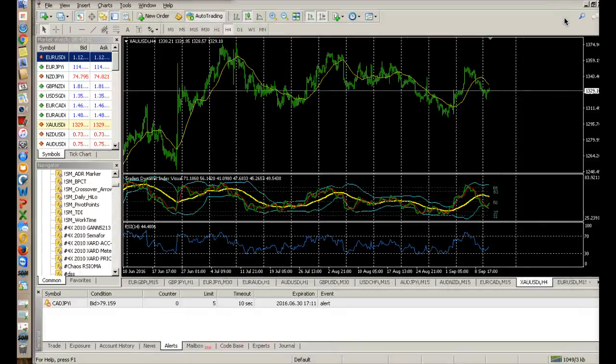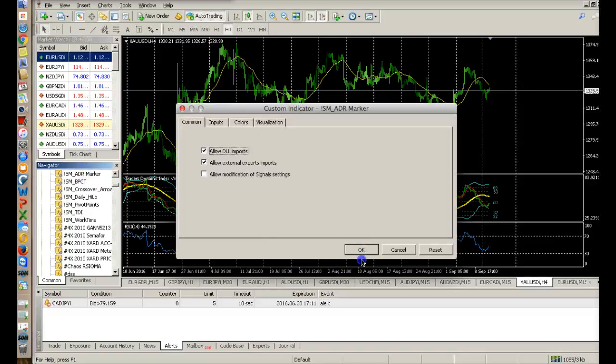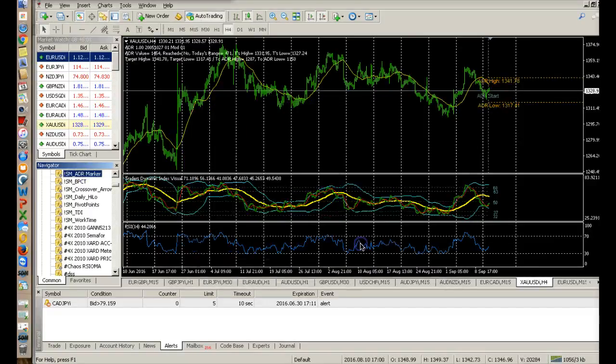So if you really want a high probability trade, you really want to buy on an extremely overbought or oversold area. Alright? And then also I use something called ADR, which is average daily range, which means the market can only go up so high, and it can only go down so low. So you want to know the range of the market, of where it can go.